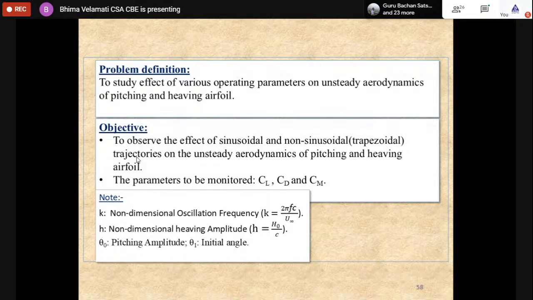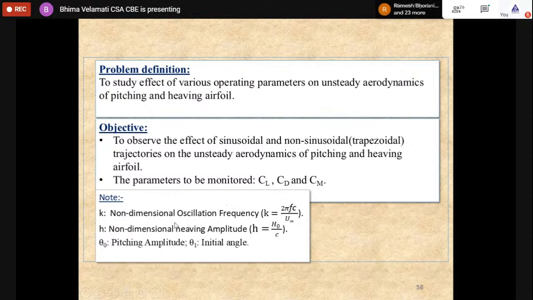The work is a part of a BTech project, actually. The whole interest of the work is to understand the effect of various operating parameters on an unsteady pitching heaving aerofoil. We try to study what would happen if my profile motion is sinusoidal or non-sinusoidal. Our interest here is lift force, lift coefficient, drag coefficient, and moment coefficient.